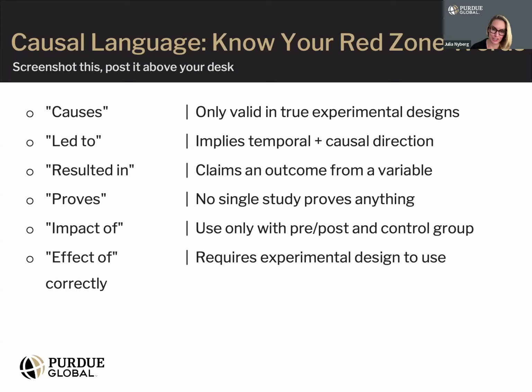That's a mathematical term. But if you say something like the effect of X on Y, that statement in itself implies, you guessed it, causation. If you have any of these in your current draft, flag them now. Discuss them with your instructor or RPC and ensure that your study is not experimental, and then make the required changes.